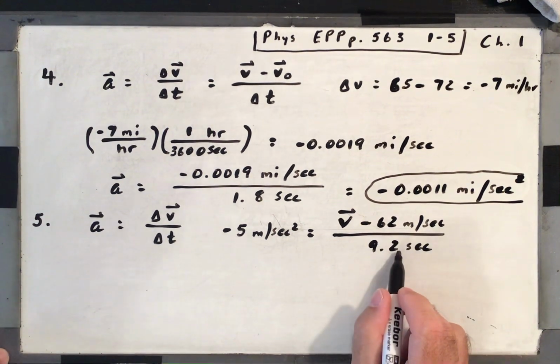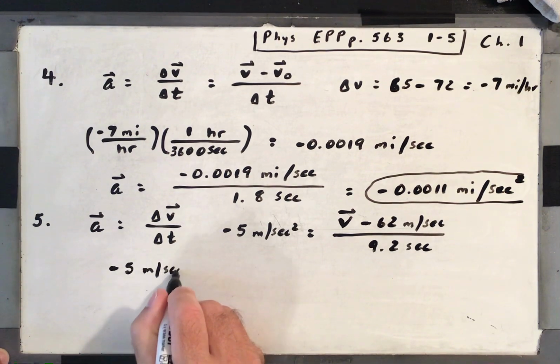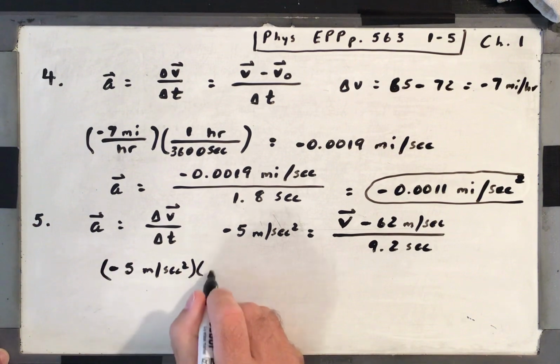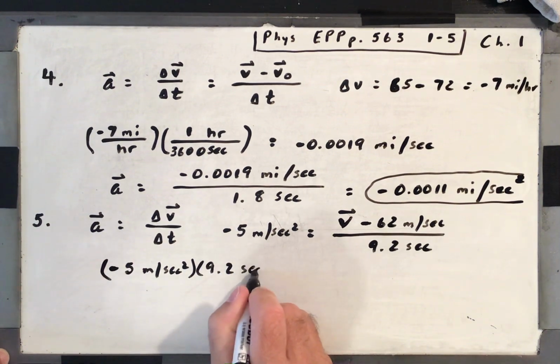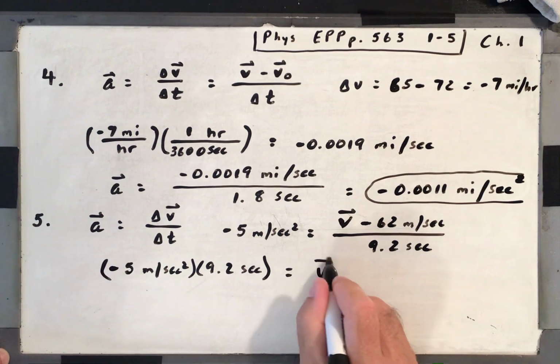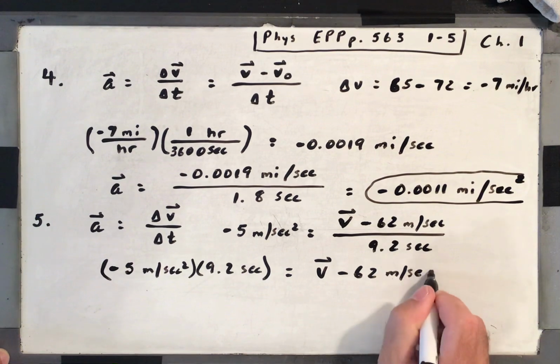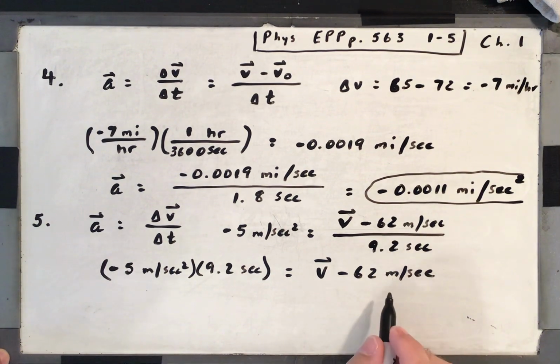Okay, so we'll multiply both sides by 9.2 seconds. I normally wouldn't show this step. That's okay. Final velocity minus 62 meters per second. It's early in the year, so you gotta get back used to doing the algebra.